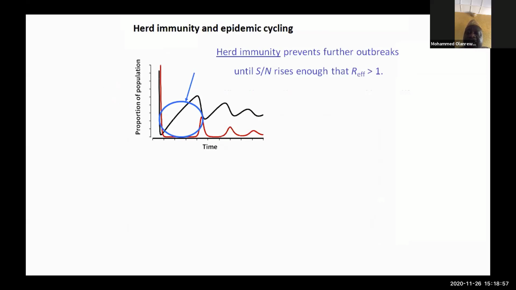Herd immunity prevents further outbreaks until X, susceptible, over the total number N rises enough so that we now have the effective reproductive number greater than 1. And you can see the curve there. The graph there is proportion of the population versus the time.